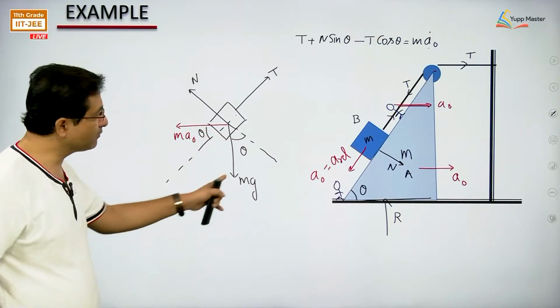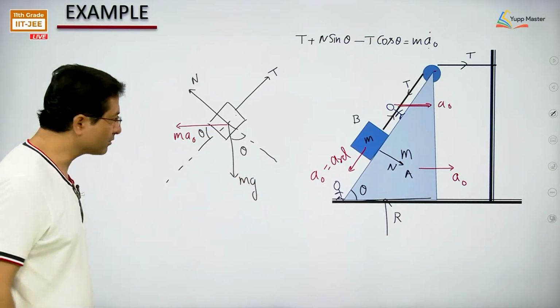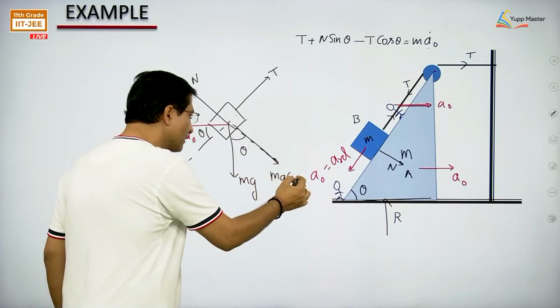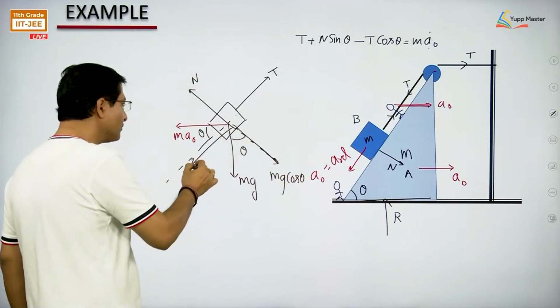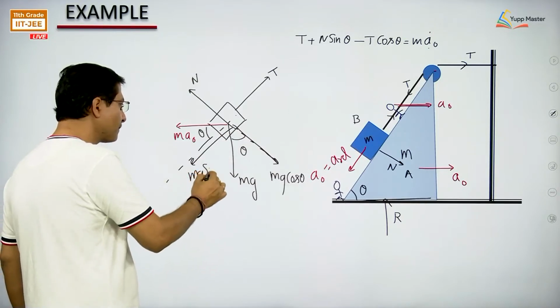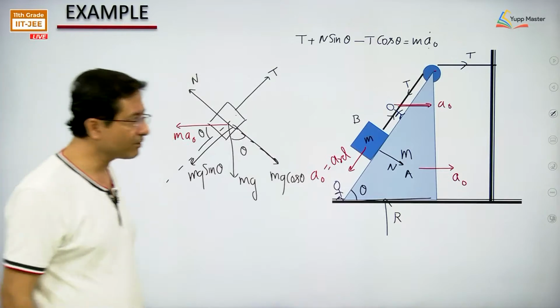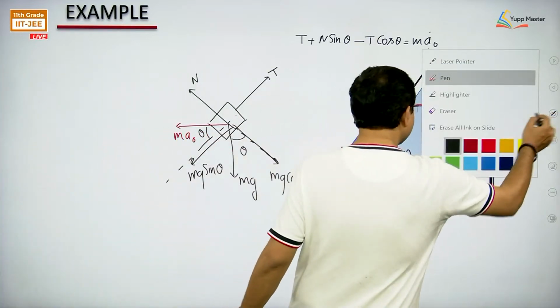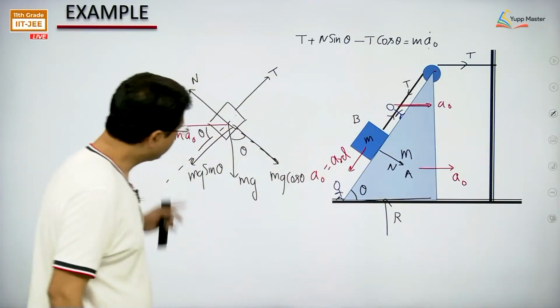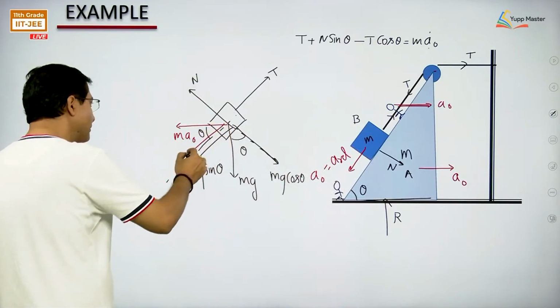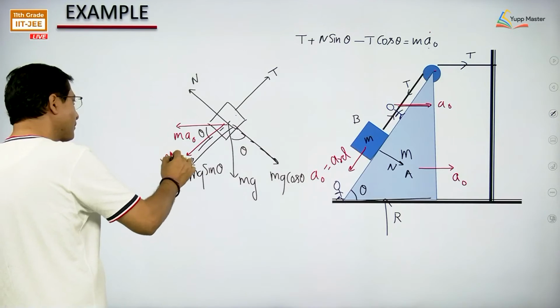I will resolve mg first along the plane and perpendicular to the plane. So mg cos theta, mg sin theta. Similarly ma0 cos theta, ma0 sin theta, okay.